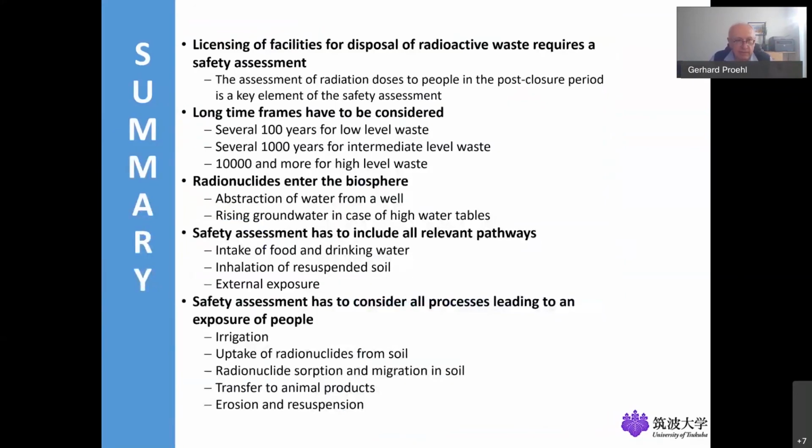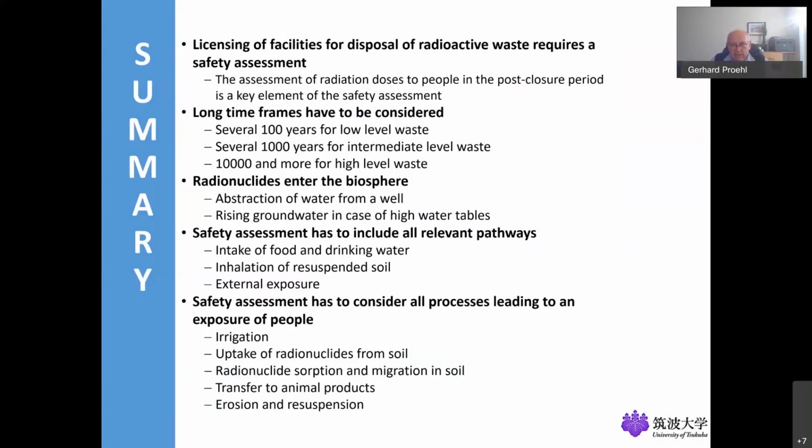Now let me give you a summary of the first part. We have seen that licensing of facilities for disposal of radioactive waste requires a safety assessment, and the assessment of exposures is a key element of the overall safety assessment of a disposal facility.